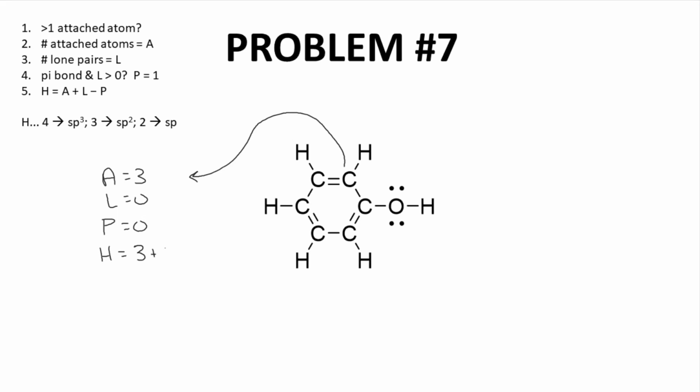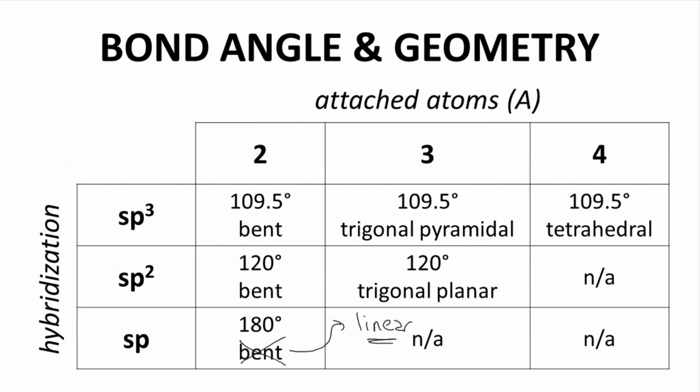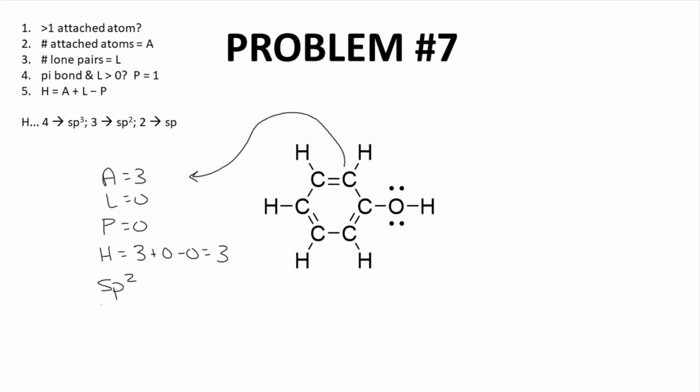A plus L minus P is 3. This is an sp2 hybridized atom. Let's go back to the table. We have sp2, A equals 3. Here we are, sp2, 3 attached atoms. This is trigonal planar, so 120 degrees and trigonal planar.